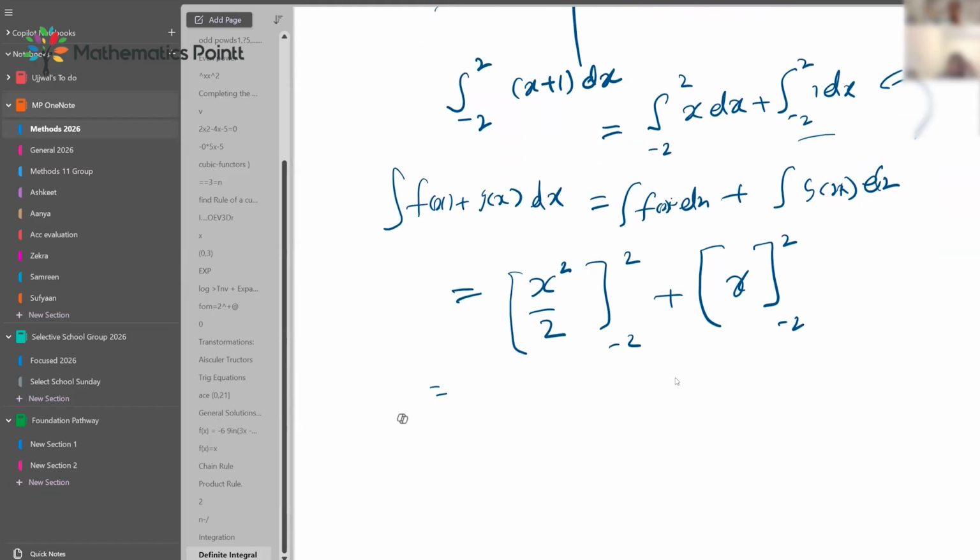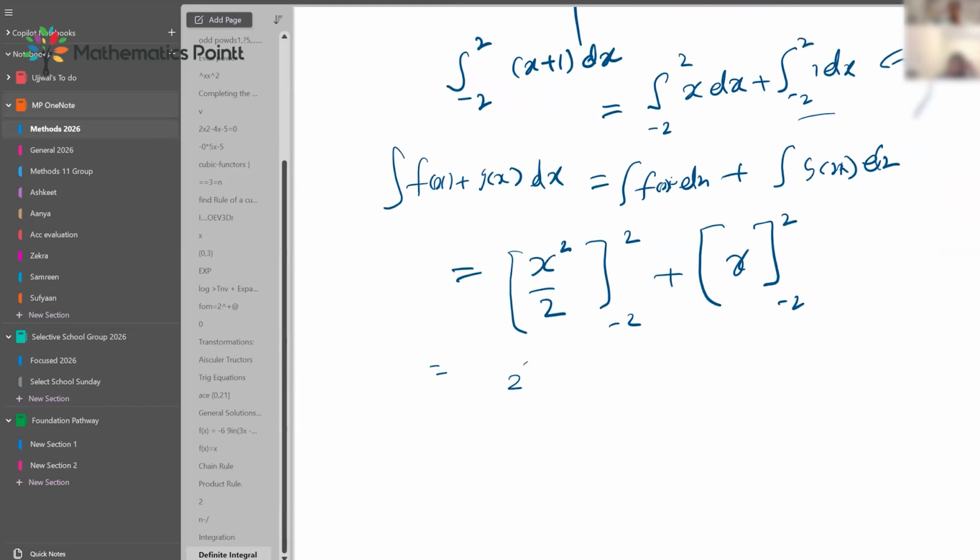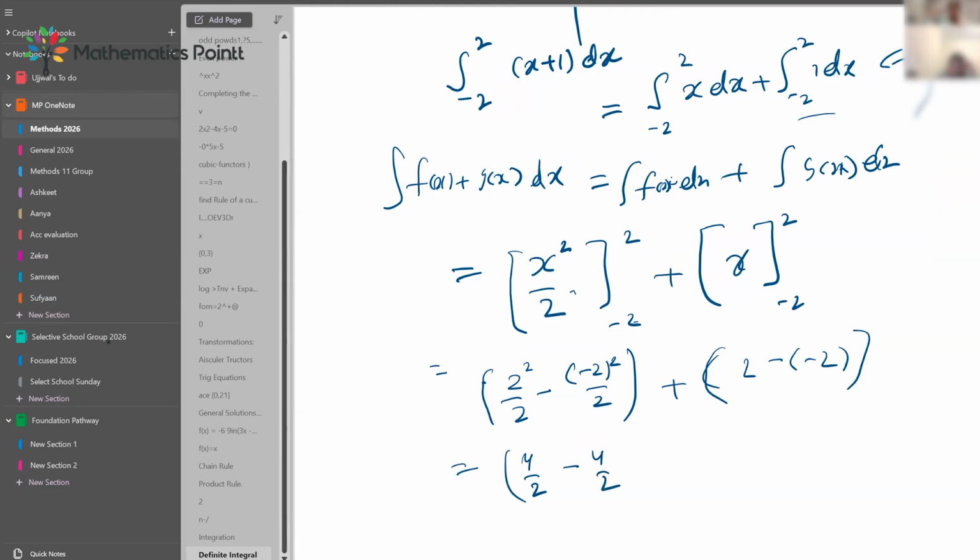And I'm not going to write c this time, okay? 2 square over 2 minus minus 2 square over 2. All good? Plus 2 minus minus 2. Right? Let's solve it. 4 on 2 minus 4 on 2 plus 2 plus 2, which this is 0, which becomes 4.